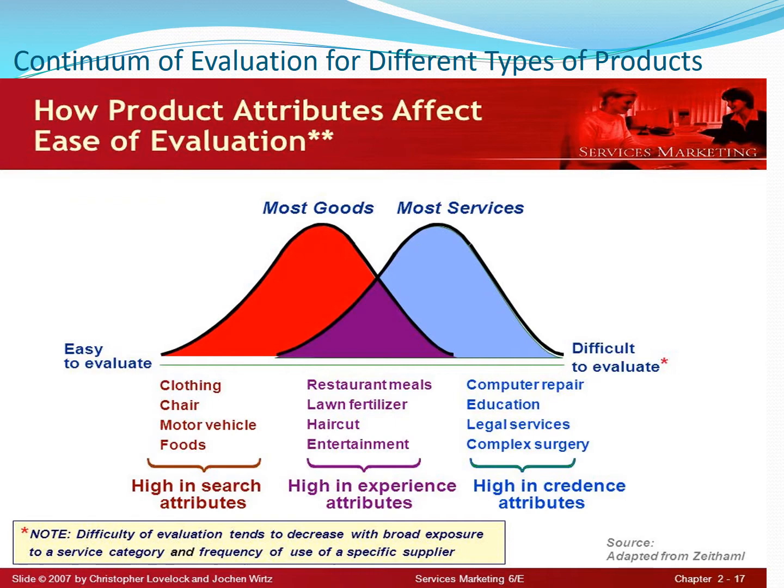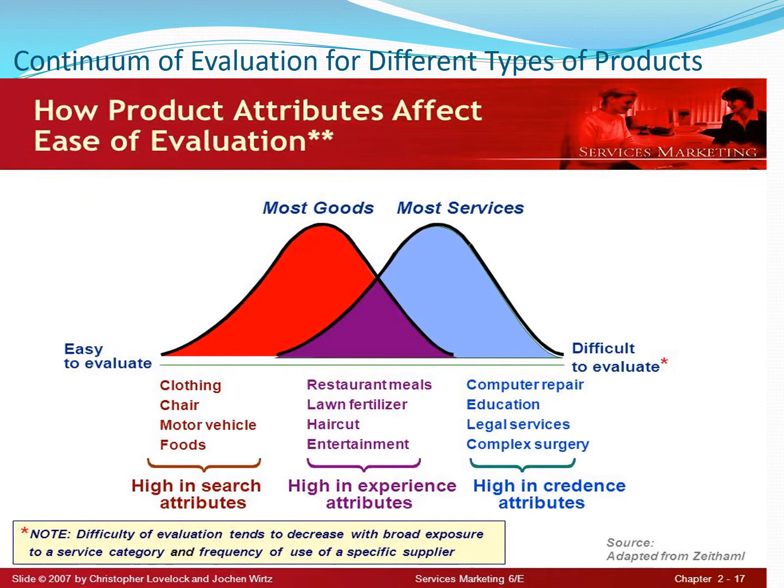Search qualities are the attributes that a customer can determine before purchasing a product. Very easy to understand, right? These are the products where we can evaluate or determine before purchase.